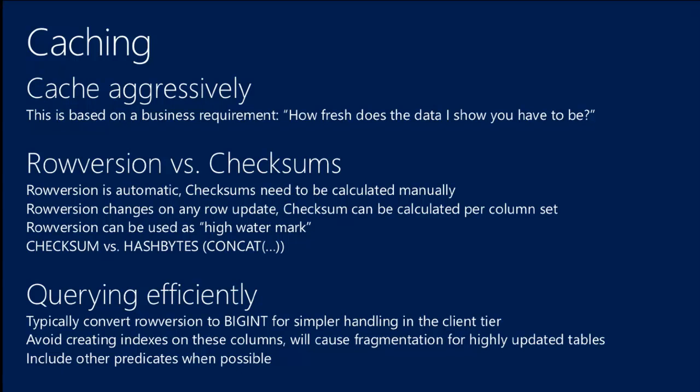What you can do is, when you query data, not only query for this row version number or your hash sum, but also always include a column that you have indexed. So, get me all rows with an ID greater than something, and the row version greater than something else. These kinds of things.